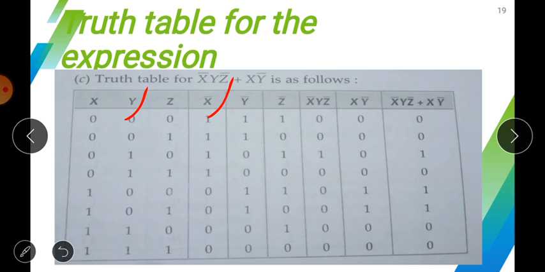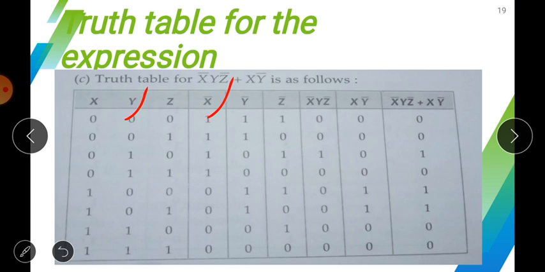Means there is no need to take 3 variables at a time. You can do it separately as you usually do in arithmetic operations. For example, if you are given 2 into 3 into 4, then you can multiply 2 into 3, then the total result will be multiplied again with the number 4. In a similar way you can do it here also.